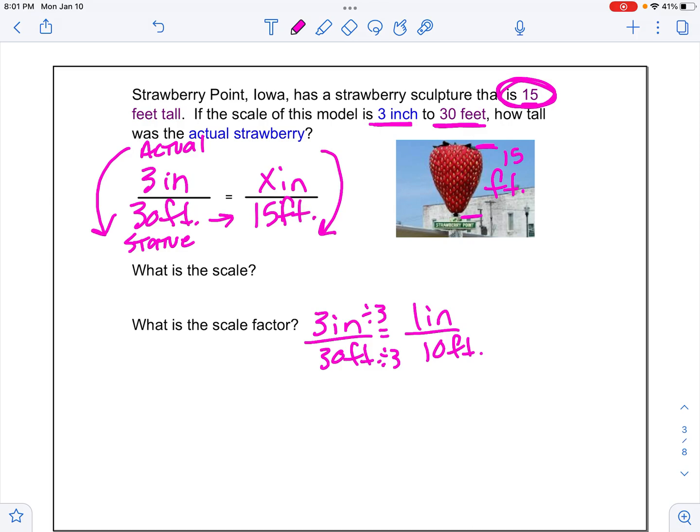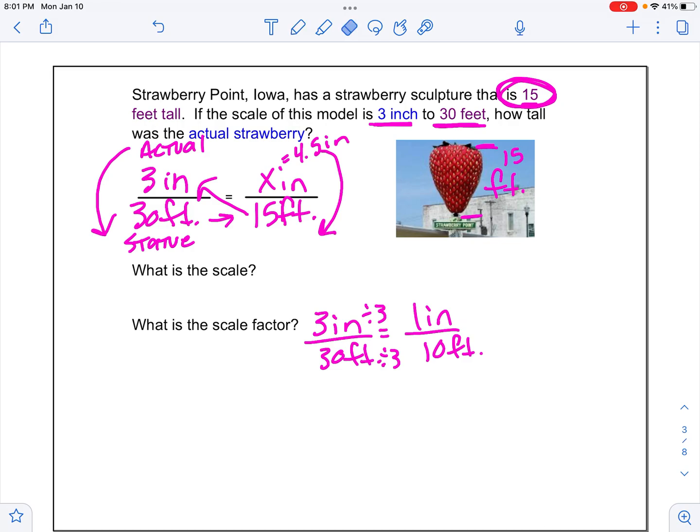So I'm going to cross multiply and divide. I've got 3 times 15, so that's going to be 45. And then I'm going to divide that by 30. And I end up with 4.5 inches. Did I do that right? Hold on, I'm just going to check here for a second. 3 times 15 divided by 30.